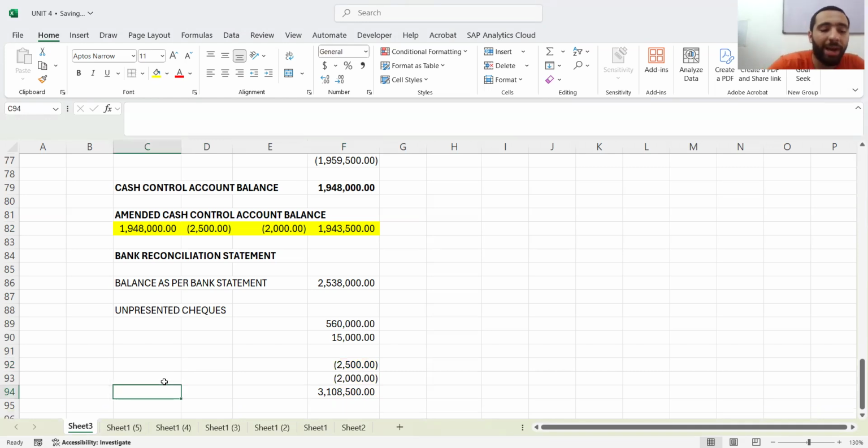Finally, you will arrive at the adjusted balance. Right? Adjusted balance. Are we done? Is everything clear?